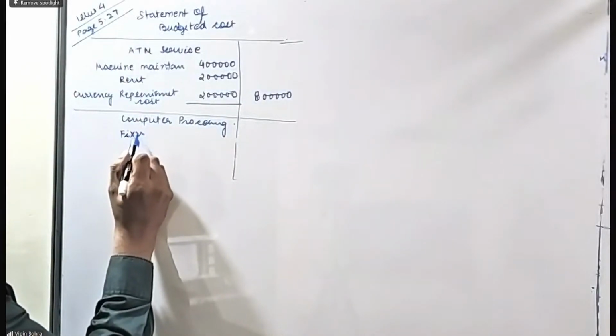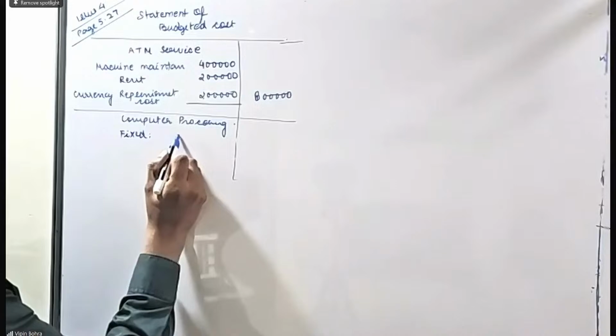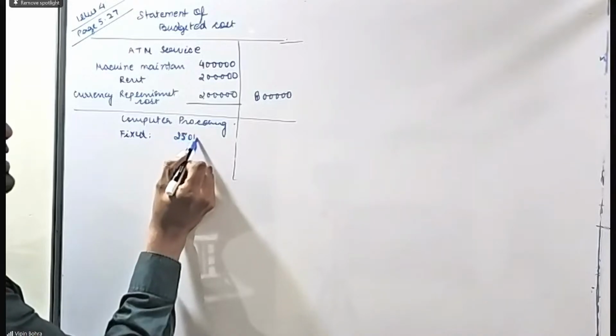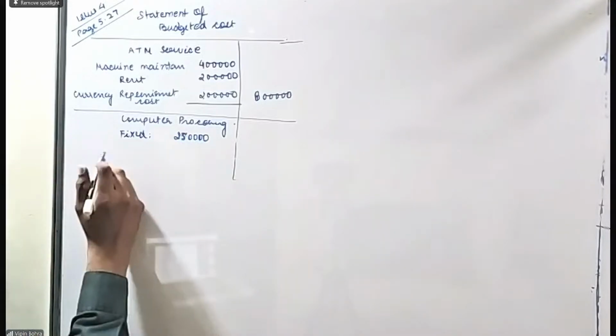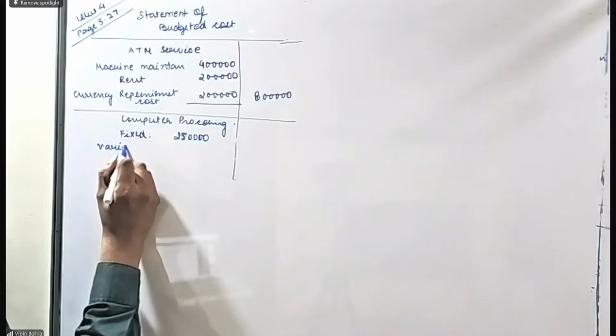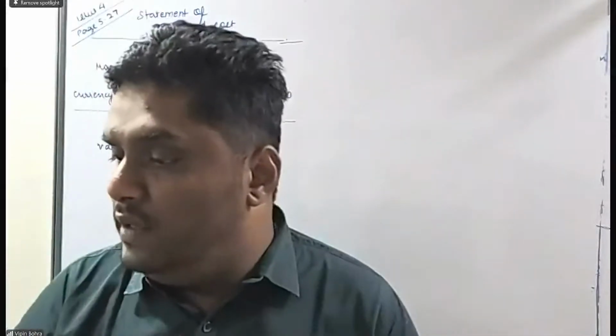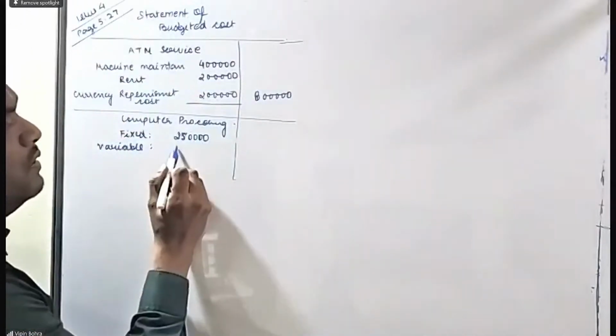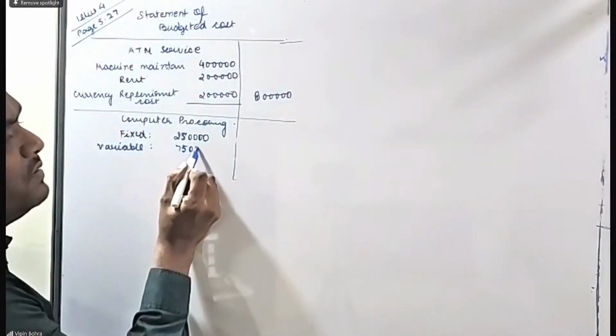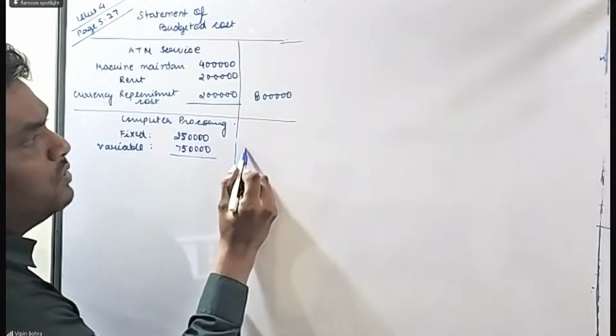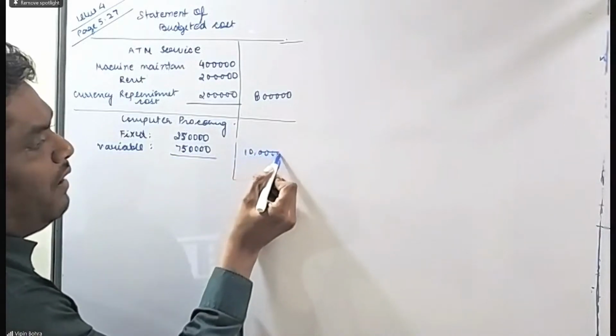So the fixed part is 2,50,000. And the variable part is 3 times the current level, so that will be 7,50,000. So the total cost will be 10 lakh.